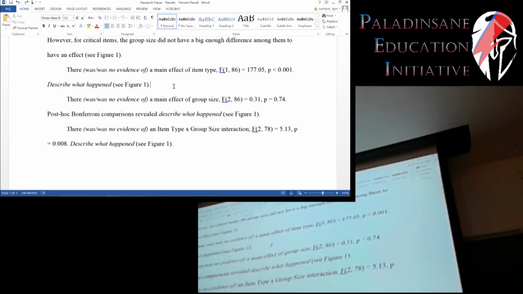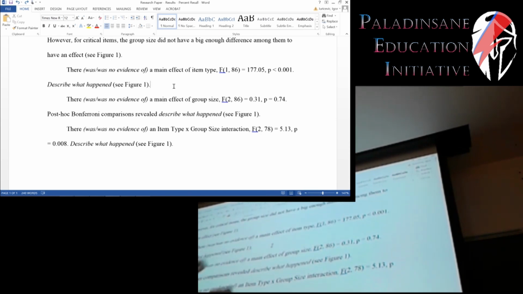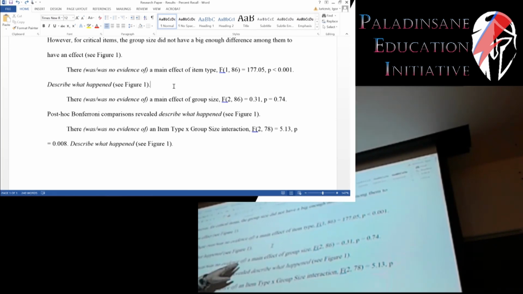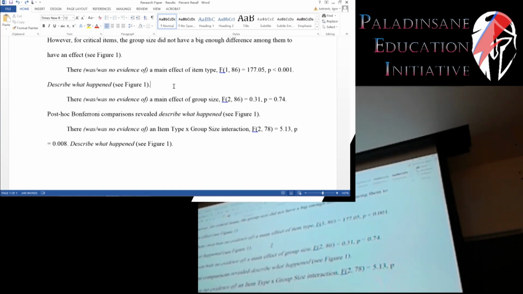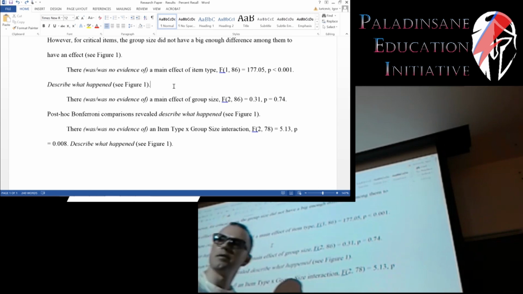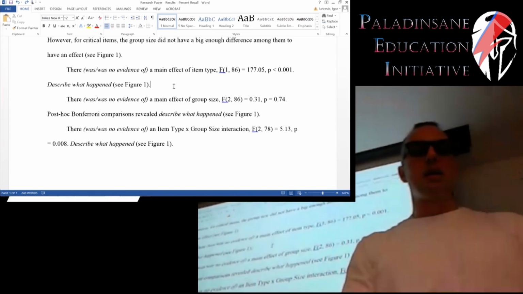For each variable and for the interaction, we're going to say whether there was or was no evidence of a main effect, report the stats, and then describe what happened. Is Goldilocks sitting in the hard chair, the soft chair, and the chair that's just right? We're going to be doing that the exact same way.